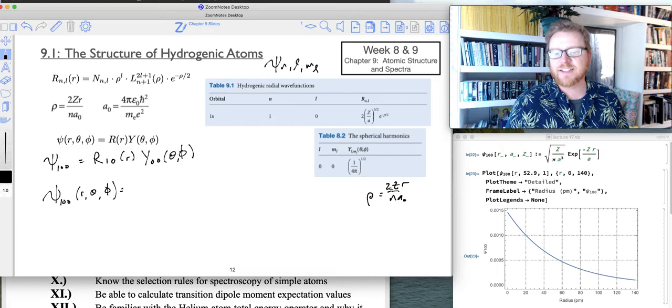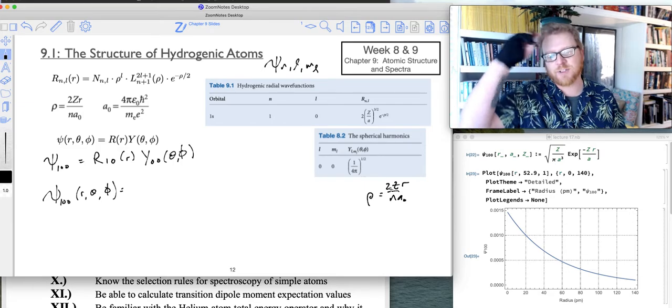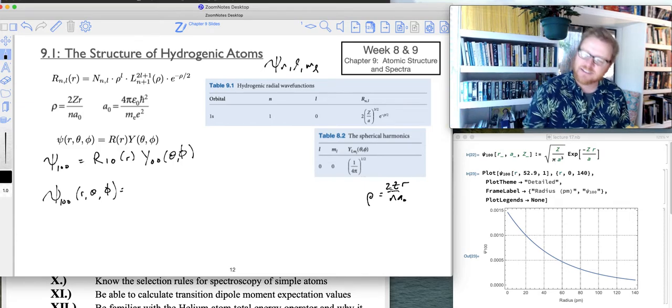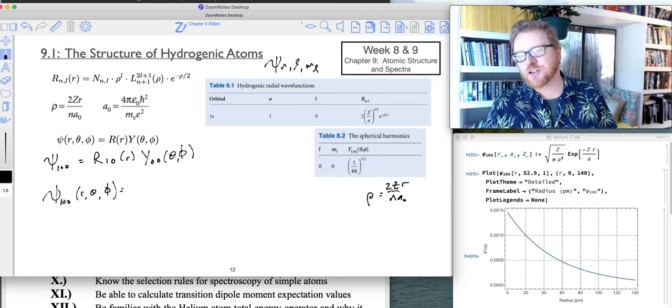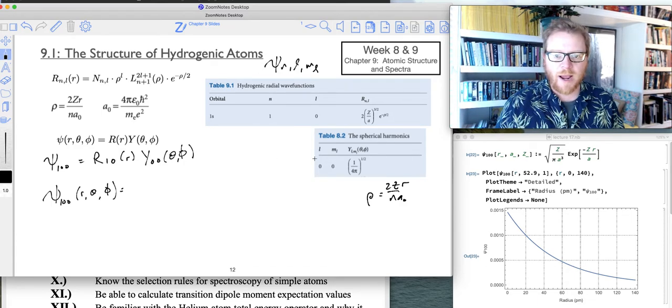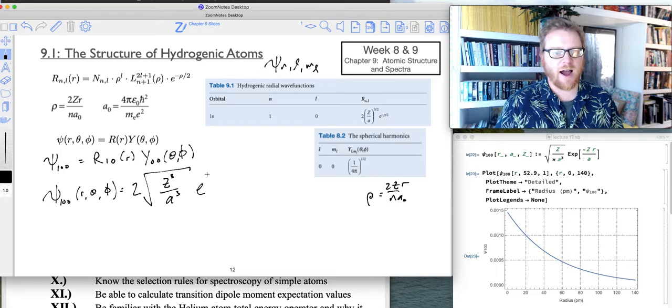I'm going to leave the z as z, but we recognize that for hydrogen, z is equal to 1. So when I put that in, I've now got a 2 times the square root of z cubed, all divided by a naught cubed, times e to the negative rho divided by 2.